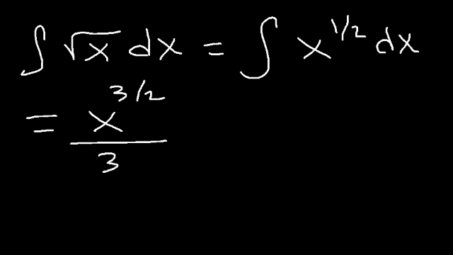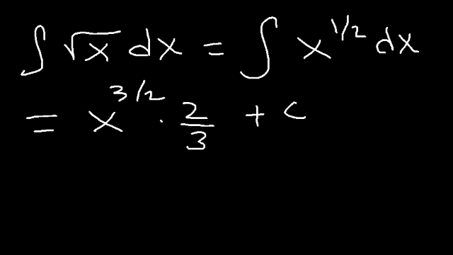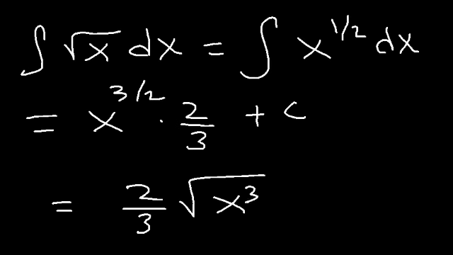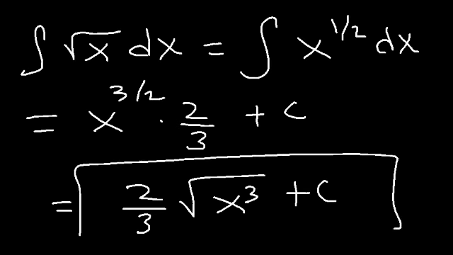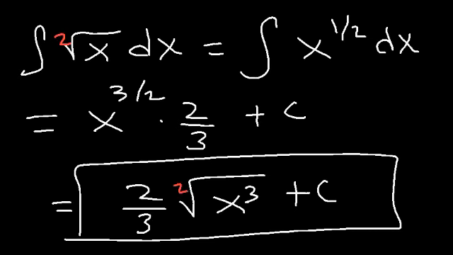And instead of dividing it by 3/2, you can multiply by the reciprocal, which is 2/3. So you can write the final answer as 2/3 square root x cubed plus c. Keep in mind there is an invisible 2 here.